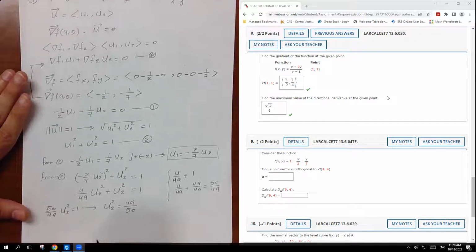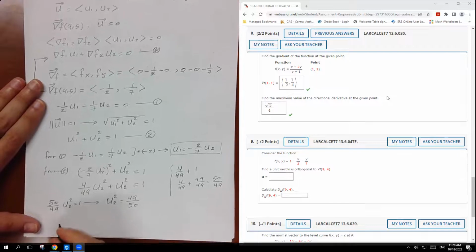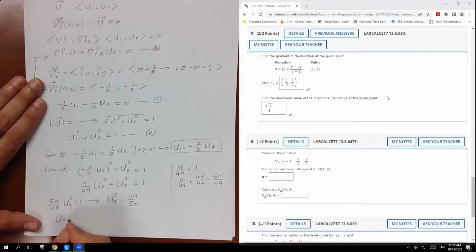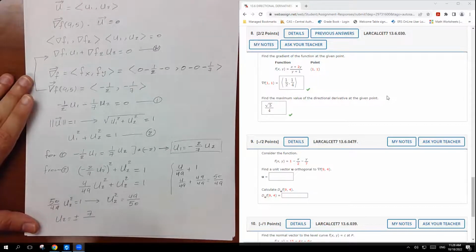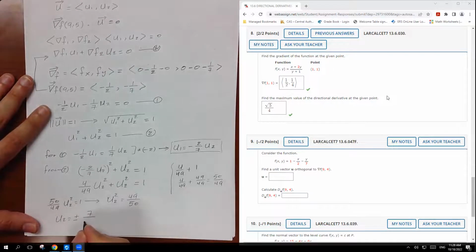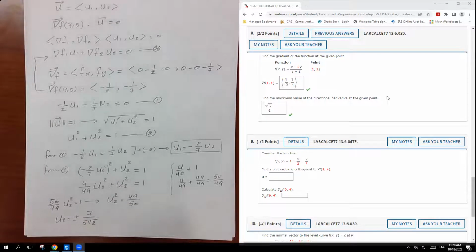This is the square. Now to find u2, take the square root. So it's going to be plus or minus the square root of 49, which is 7, over the square root of 50, which is 2 times 25, so it's going to be 5 square root of 2. We have a plus or minus.